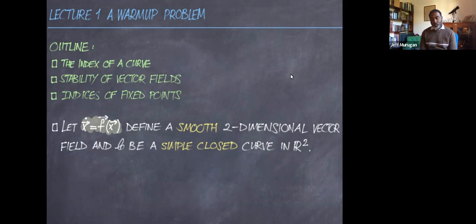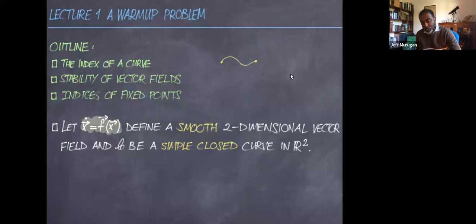And it's a two-dimensional vector field, so it's a two-component vector. And I'm going to consider some simple closed curve on the plane. By a closed curve, I'm going to distinguish a curve like, sorry, let's go back here. So a curve like this, for example, is an open curve in the plane.